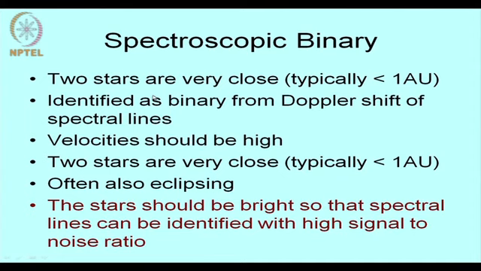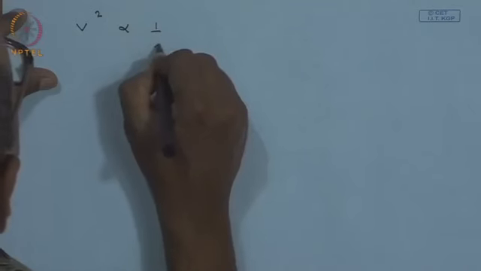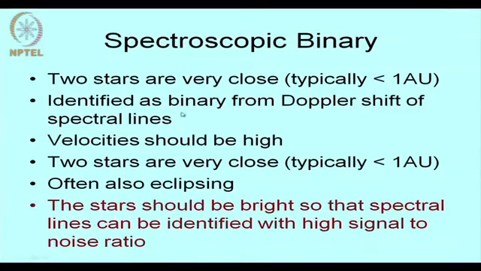So, for a circular orbit, we know that v square is proportional to 1 by r, right. So, you would like the velocity to be large. So, the separation between the two stars has to be small. So, the Doppler shifts of the two stars should be discernible.